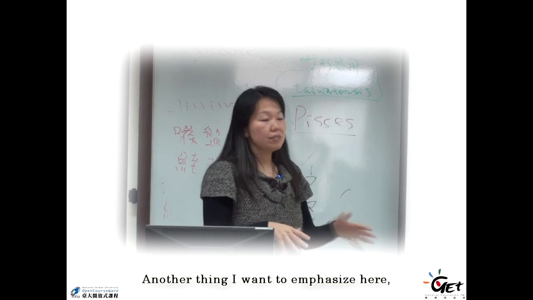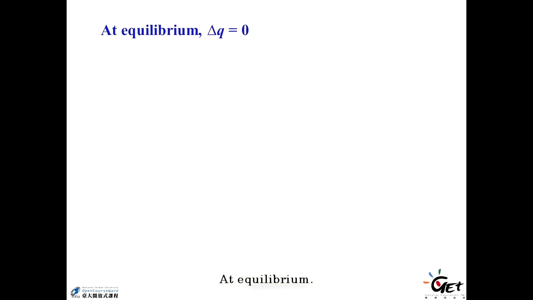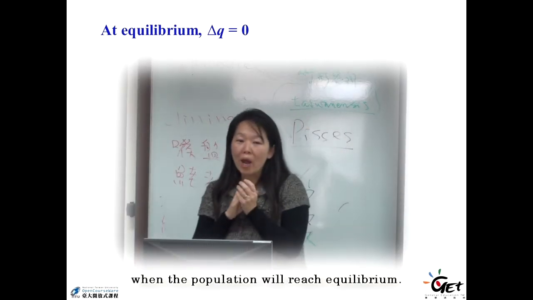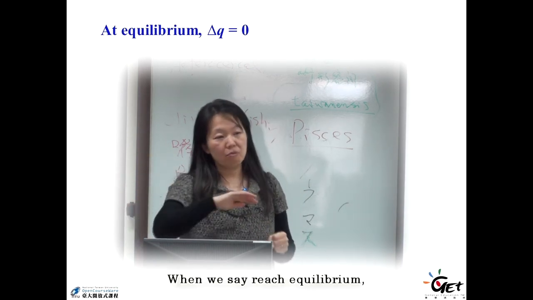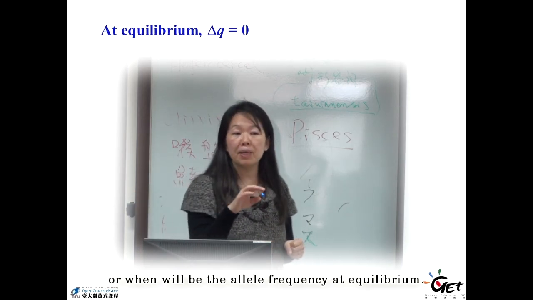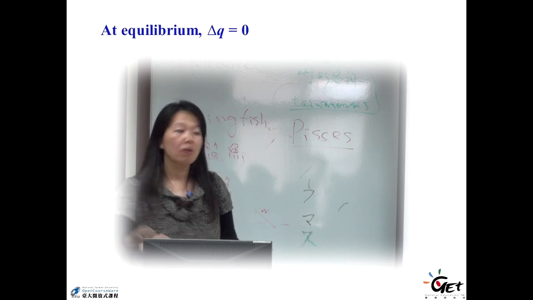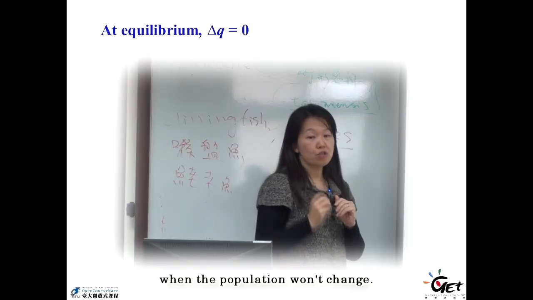Another thing I want to emphasize, although I think I already said it, is equilibrium. After the calculation we usually ask when the population will reach equilibrium, or what the allele frequency will be at equilibrium. Looking generation to generation, there are changes through the generations, but we want to ask when the population won't change.